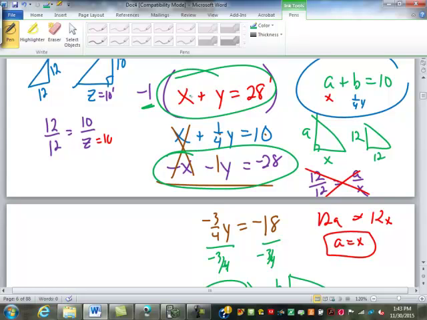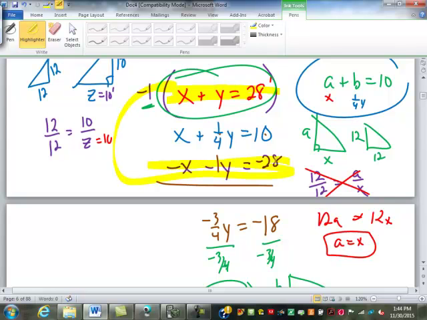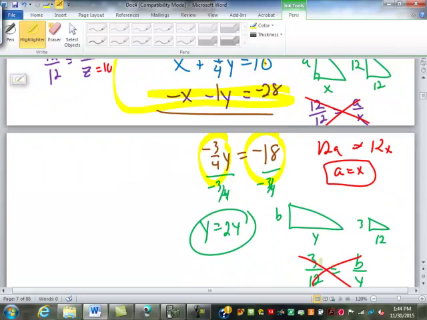I multiplied it by negative 1, so that had positive X and negative X. So then once I had that, all I did is I took this equation and I rewrote it down here after multiplying it by negative 1, so they'd cancel out the X's. So then 1/4 and negative 1 made the negative 3/4 Y. 10 and negative 28 make negative 18. So I divided it out to get that Y is 24.